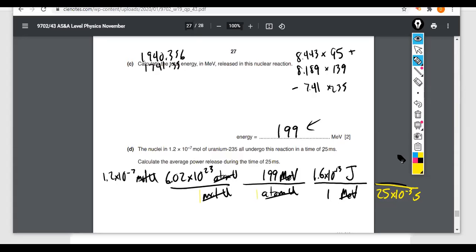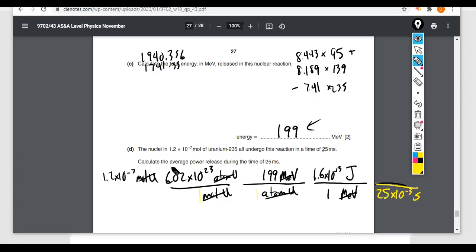Times 6.02 times 10 to the 23, times 1.2 times 10 to the negative 7, times 1.6 times 10 to the negative 13, divided by 0.0025, right? 2.5 by 10 to the negative 3.